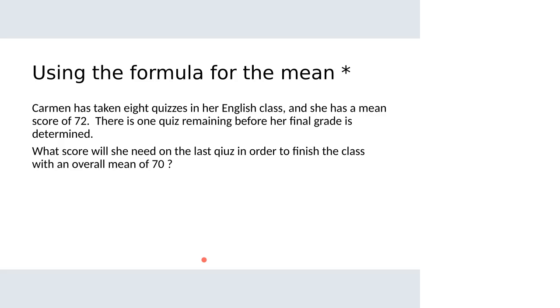When you see a problem like this, your first instinct might not be to go straight to the formula for the mean, but keep in mind that mean is mentioned in here a couple of times. And so that's probably the place we want to go first: you're telling me about Carmen's mean score, so I'm going to see if the formula for the mean is the right thing to do here.